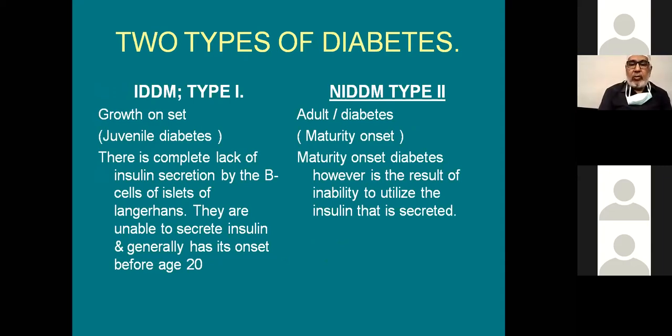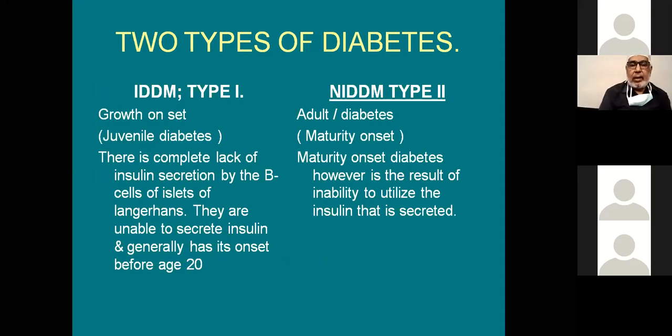Furthermore, you are well aware that diabetes is normally of 2 types. Type 1, that we normally call insulin dependent diabetes mellitus. Type 2 is normally the non-insulin dependent diabetes mellitus.